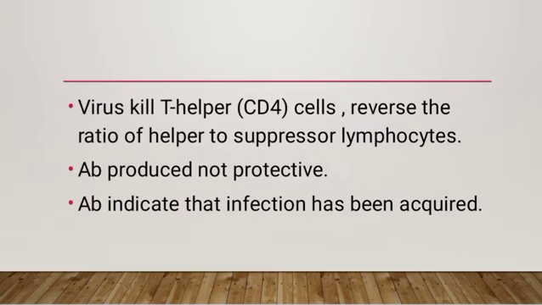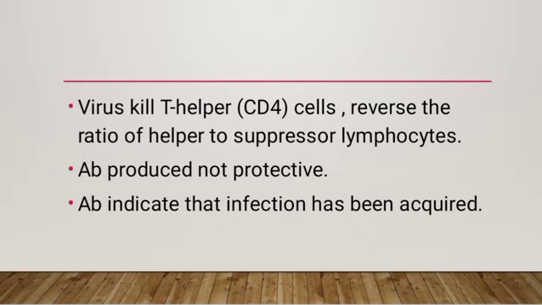Then the virus replicates and integrates through reverse transcriptase and integrase, and also forms new viral RNA and proteins. They also kill the T helper cells, due to which they reverse the ratio of helper to suppressor lymphocytes.